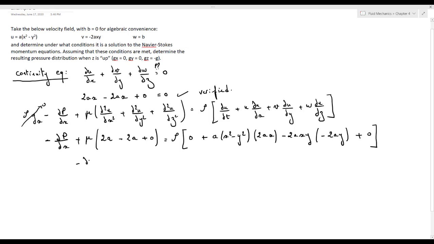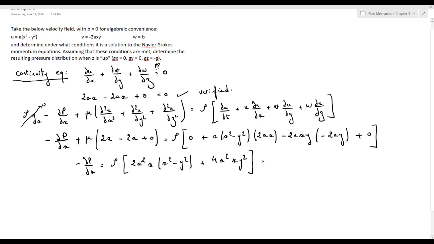Then we will obtain minus del p over del x is equal to rho into, we'll have 2a²x into (x² minus y²) plus 4a²xy².